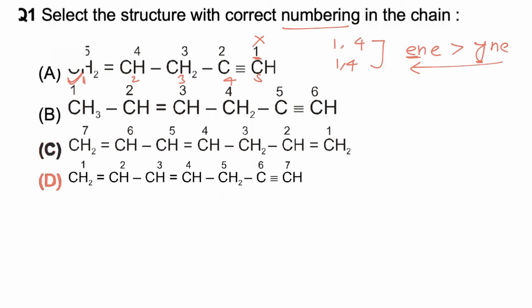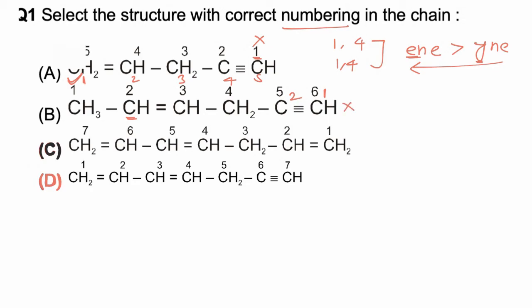In the second case, if numbering is done from the right side, from the triple bond end, then the multiple bond is present at the first position. So this is incorrect numbering. In this case, numbering should start from the triple bond. So this is not correct.